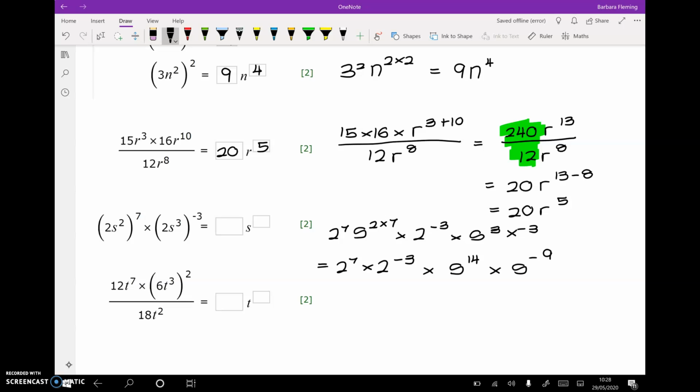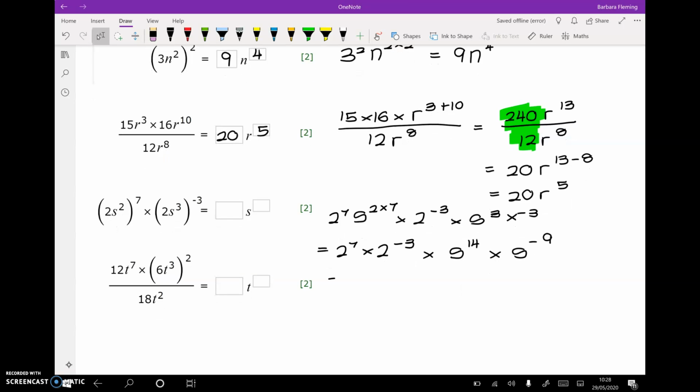Okay, so I've tidied all that up, and now I'm back to my multiplying wheel where I can add my powers. So you've got 2, 7 plus minus 3, because they're both the same, times by s to the power of 14 plus minus 9.